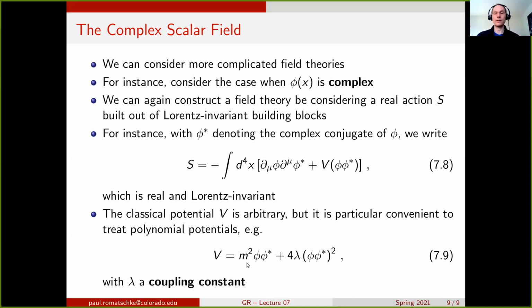So if you want, this is something like a quadratic term, and this is something like a quartic term. And with a little digging, we can interpret this parameter here as being the mass squared of the field, and we can interpret this quantity here as the coupling constant of the field. And this concludes the lecture.